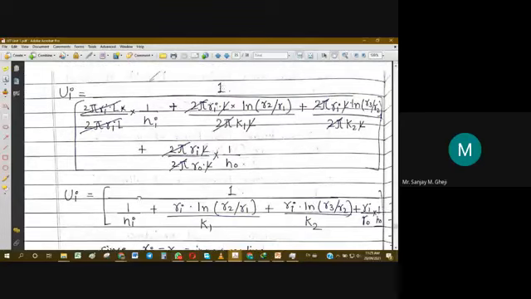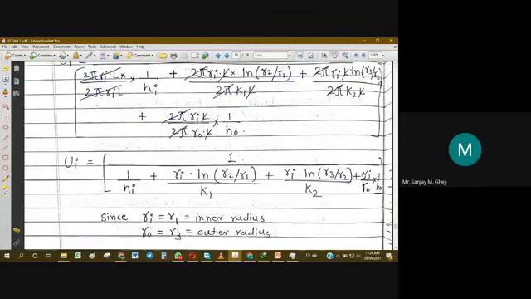So 1 divided by this denominator, 1 upon Hi. By cancelling out, we are left with 1 upon Hi plus Ri into ln of R2 by R1 divided by K1 plus Ri into ln of R3 by R2 divided by K2 plus Ri upon Ro into 1 upon Ho.